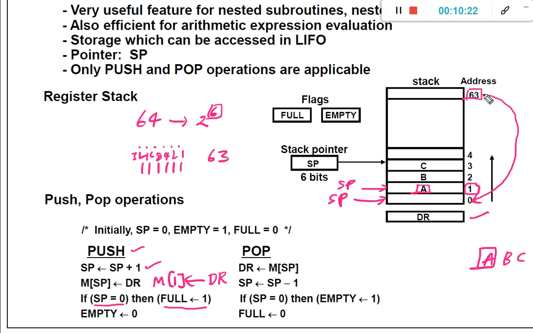So if you keep on incrementing the stack pointer and store up to 63 values, then what will be the next value? 63 plus 1. This cannot be accommodated in 6 bits, so totally there will be 6 zeros now.